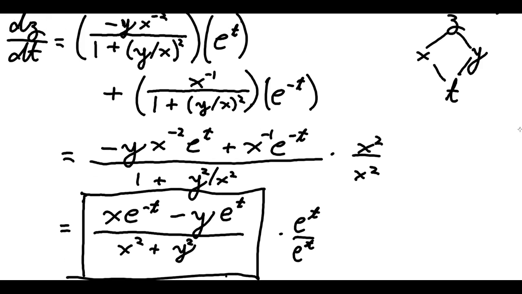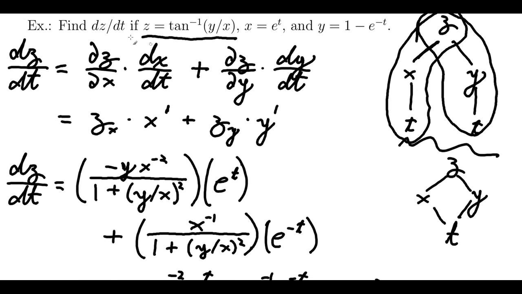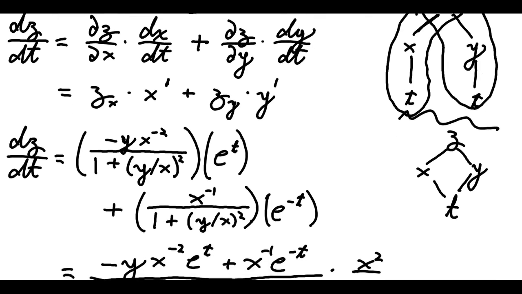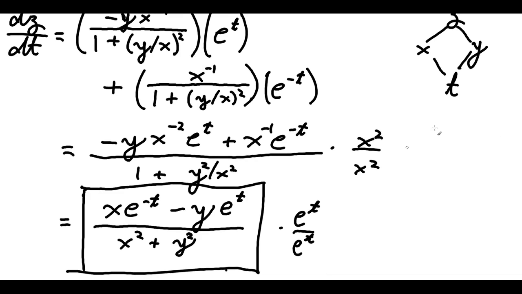Okay, so hopefully you can see what we're doing here and how we can construct a little diagram of dependencies, and that diagram can help us track through which things we're looking for. So keep that in mind as you go through the examples in this section.